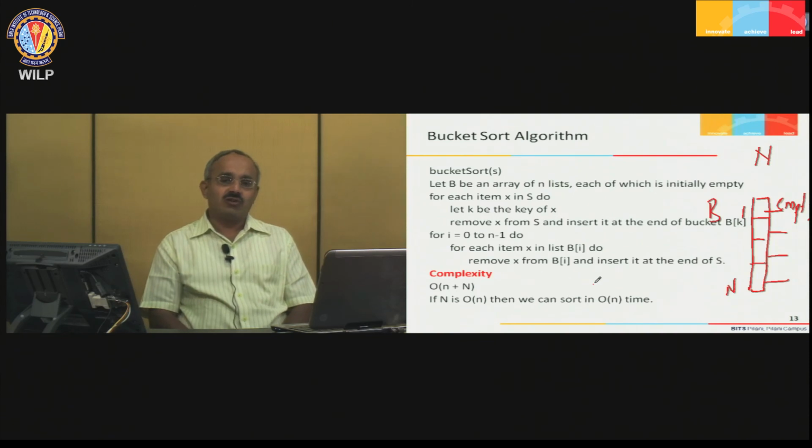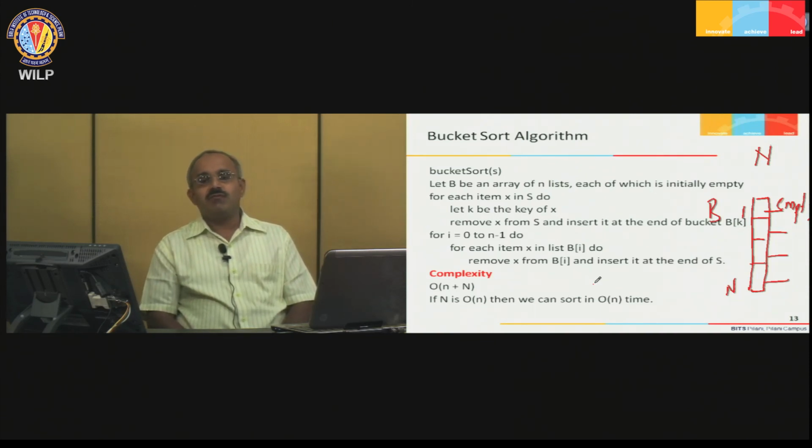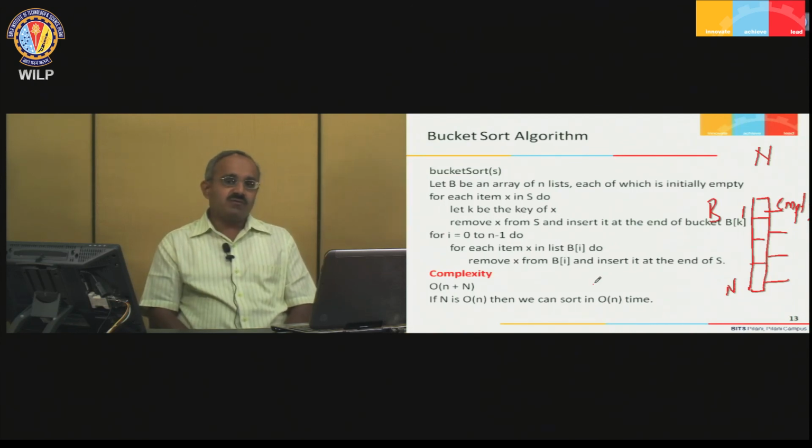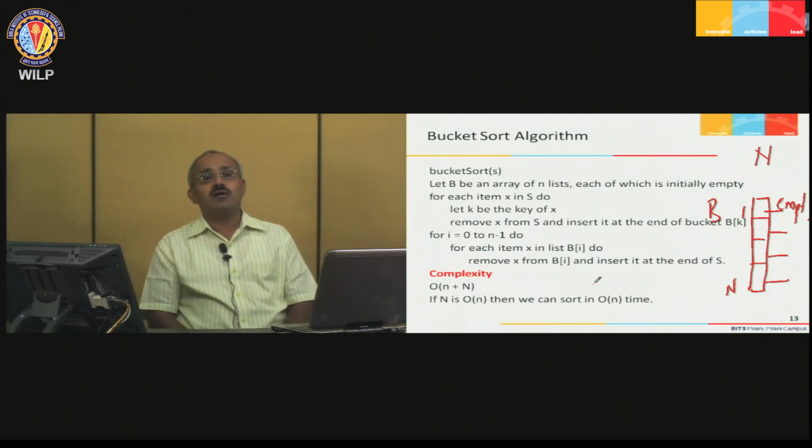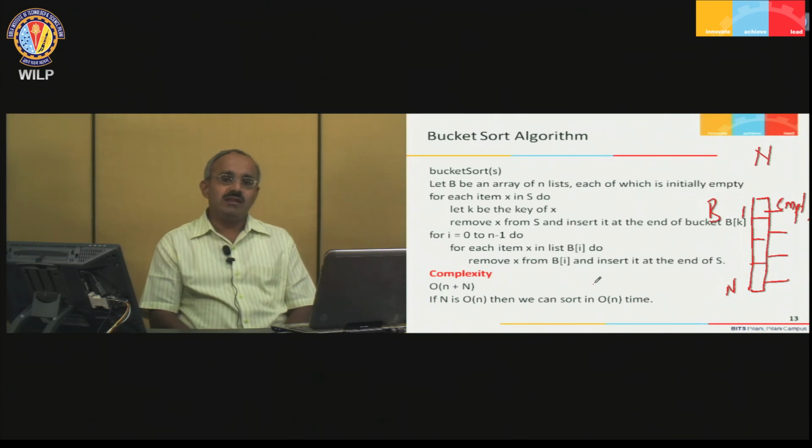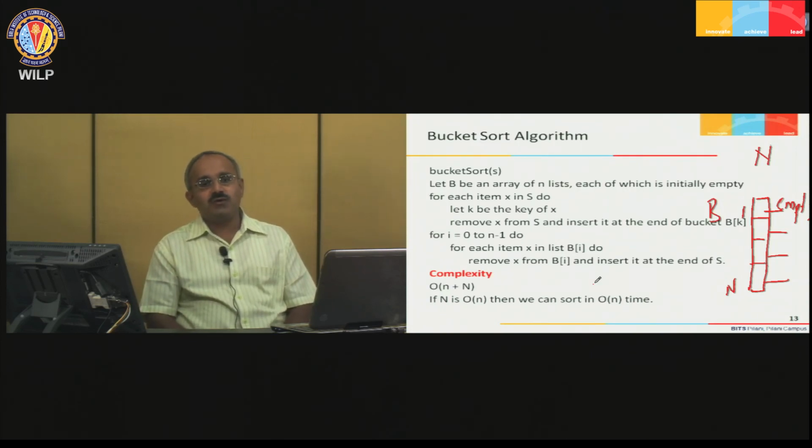So the bucket sort algorithm is a linear time algorithm if capital N is of order n. That means if we have an idea about the sequence beforehand, in this case if we know the range of numbers that we are going to deal with, then we can use this effectively and sort the sequence in linear time, unlike other sorting algorithms which take n log n time.